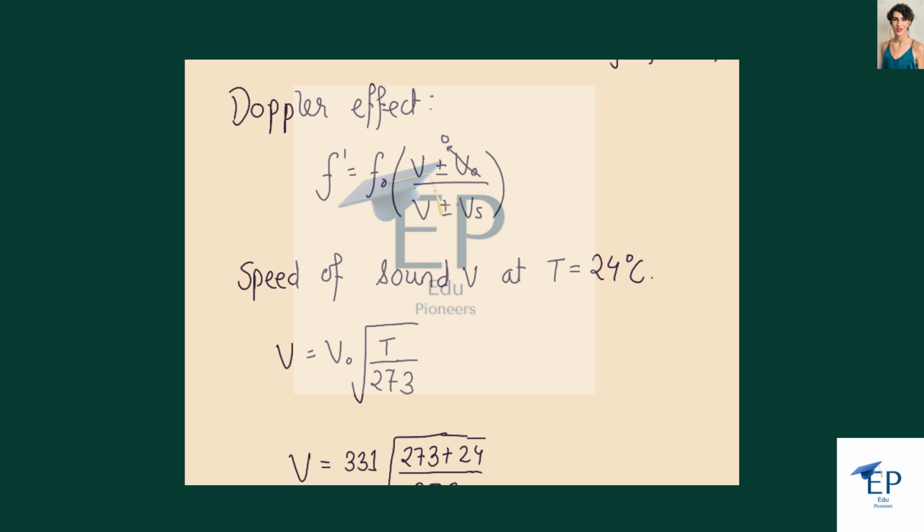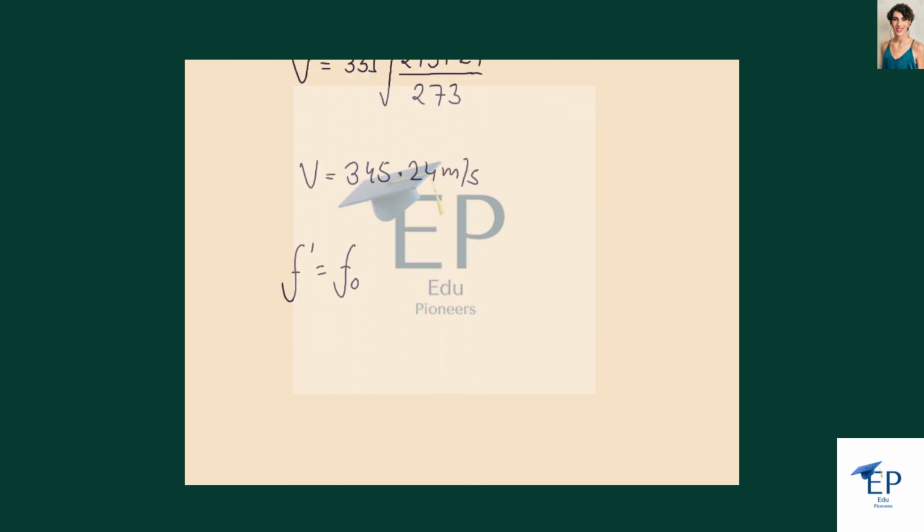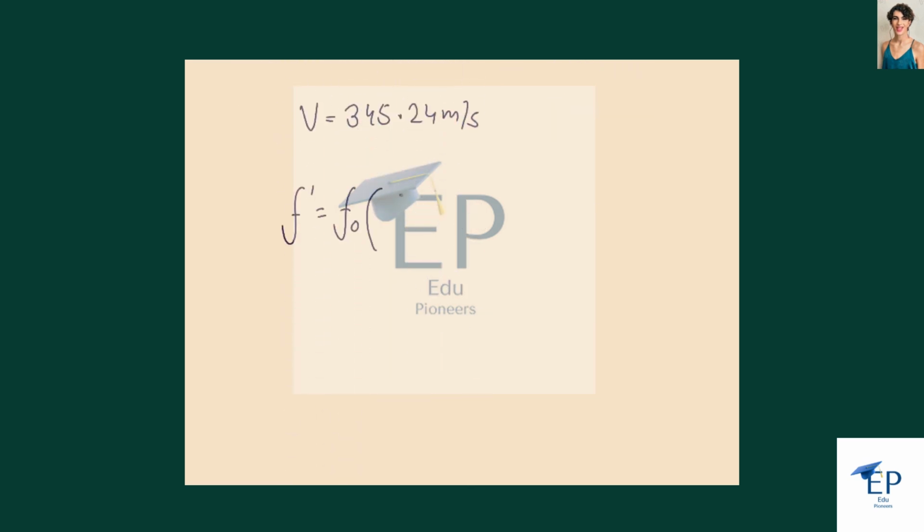Now vs is coming towards the observer, that is the detector, so we will use the minus sign here. We use the minus sign when the source is approaching the observer. So here the minus sign will be there. So f naught into v divided by v minus v source.